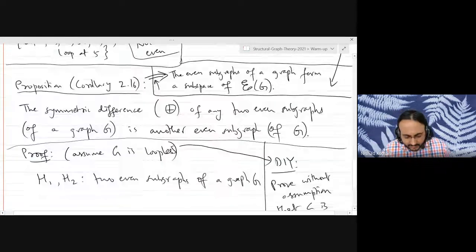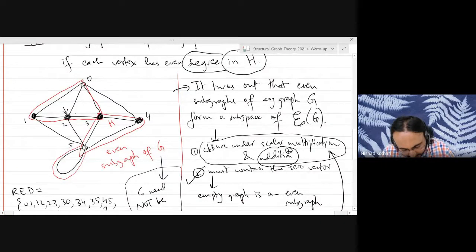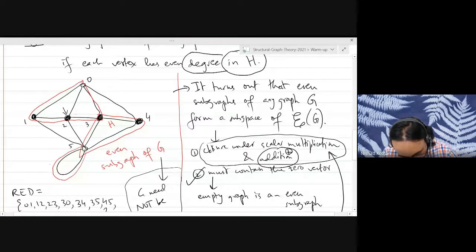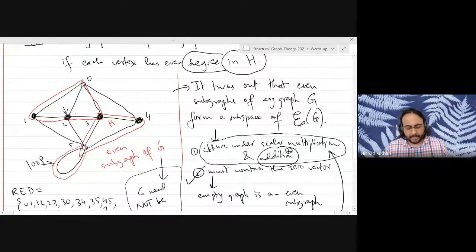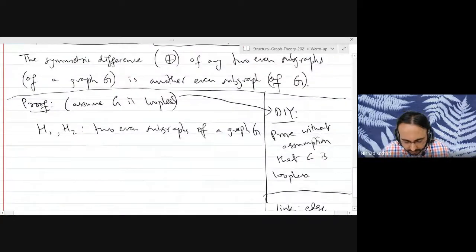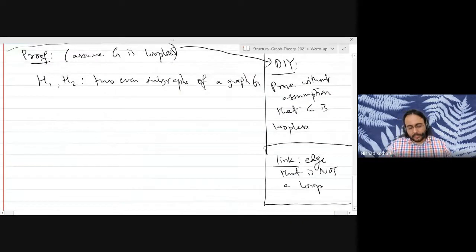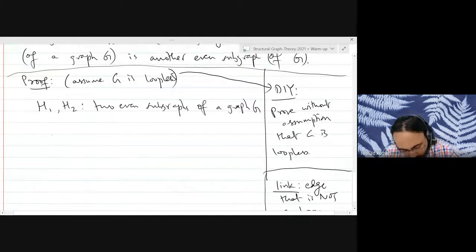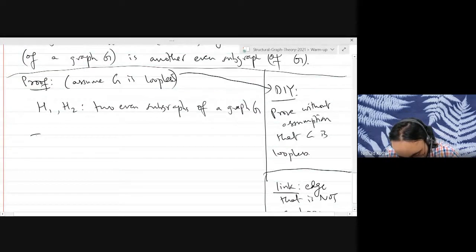In our example before, all the edges are links except this one. This is a loop. Okay, so how do we prove this statement, that the symmetric difference of H1 and H2 is an even subgraph?